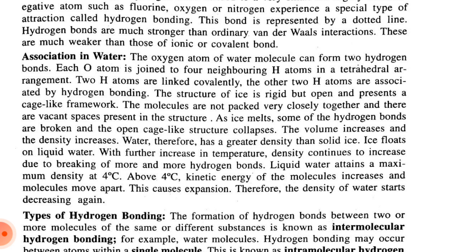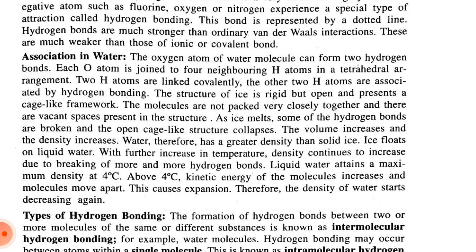Two H atoms are linked covalently. The other two hydrogen atoms are associated by hydrogen bonding. The structure of ice is rigid but open and presents a cage-like framework. Molecules are not packed very close together and there are vacant spaces present in the structure.